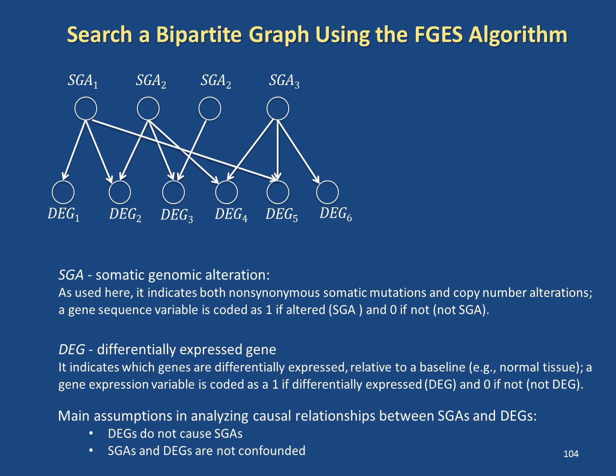We used, I think, 2 standard deviations above or below the mean for the normal tissue to code a 1, otherwise it's coded as a 0. And some of the main assumptions are that the DEGs are not causing the SGAs, and that the SGAs and DEGs are not confounded.